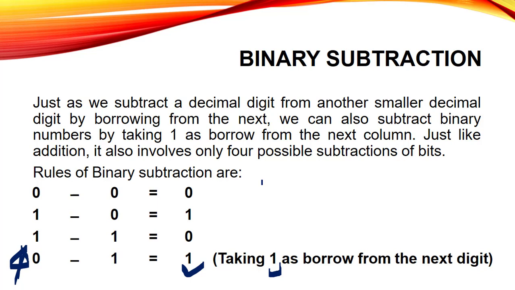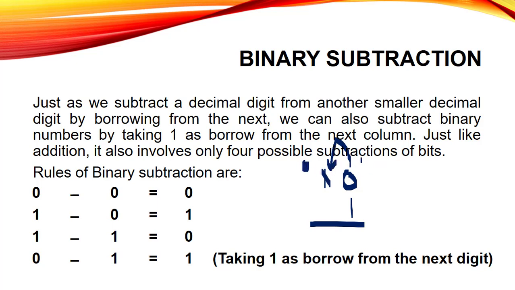It is just because when we take a borrow, suppose our number was 10, and from this 10 we have to subtract 1. So when you do so, you have to take a borrow for this 0. When you take a borrow from the next place, this digit will be converted to 0, and then this 0 can be written as 10. So now this 0 is converted to 10, and from this 10 we have to subtract this 1.